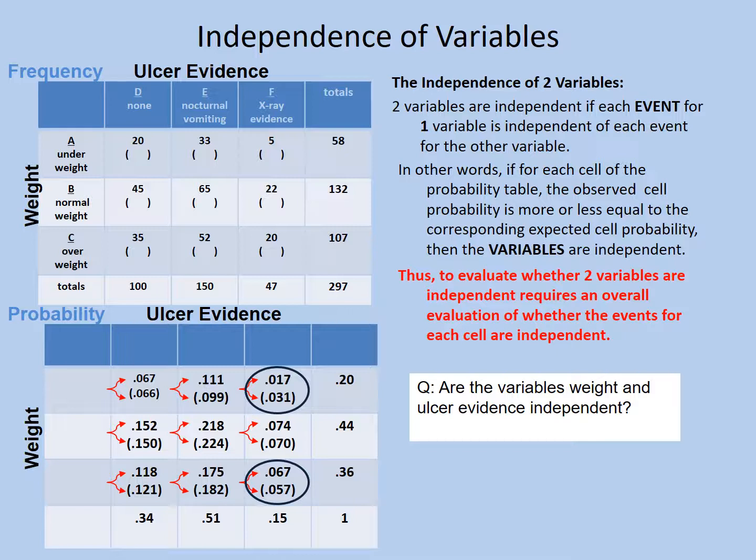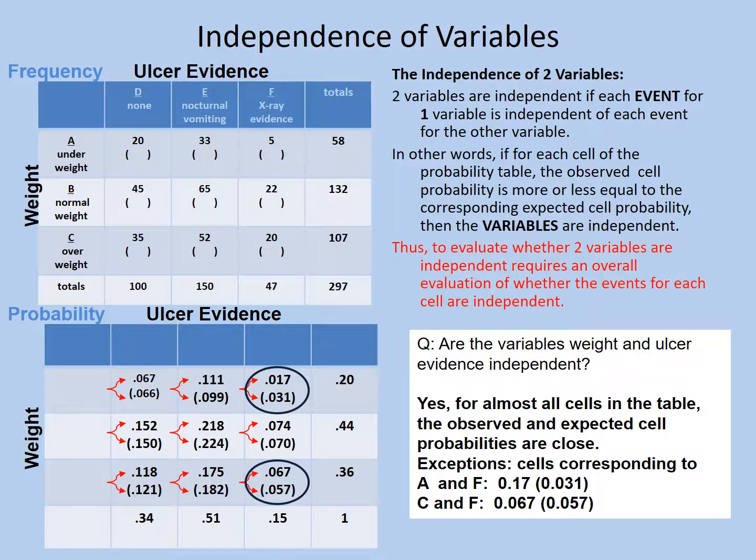So for these data, are the variables weight and ulcer evidence independent? We would conclude yes, because for almost all cells in the table, the observed and the expected probabilities are quite close. There are exceptions.